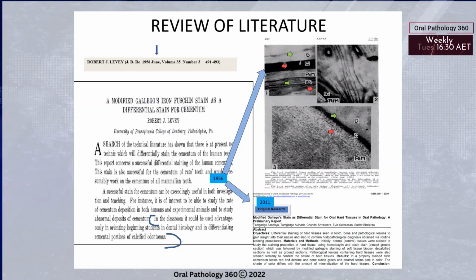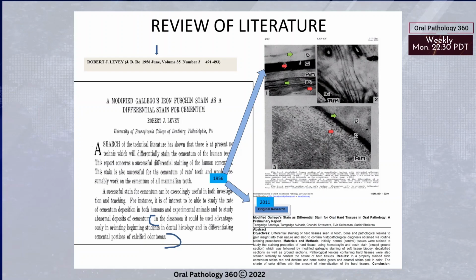So what he did was he used it for tooth, in which you can see D for dentine, C for cementum, periodontal membrane. It was then called periodontal membrane, bone, and cementum, and this is dentine, bone.